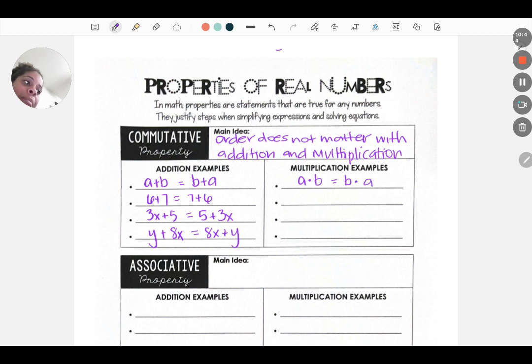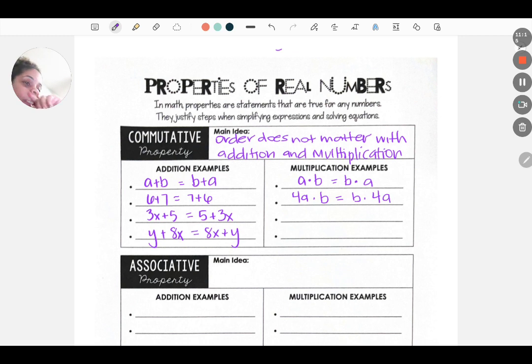Let's add some real numbers, of course. Let's do 4A times B is the same as B times 4A.